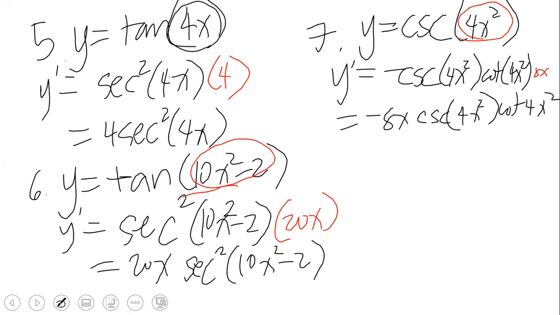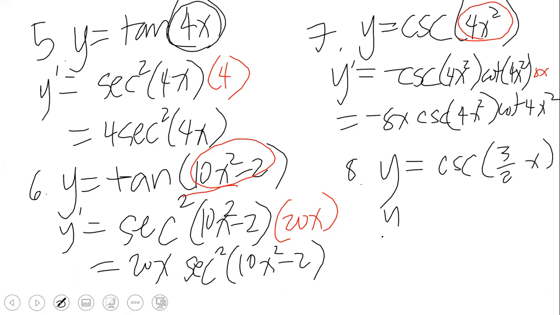Let's have number 8. So y equal to cosecant angle, which is 3 over 2x. So y prime, differentiate na. The derivative cosecant is negative cosecant angle. Tapos you also have cotangent angle 3 over 2x.